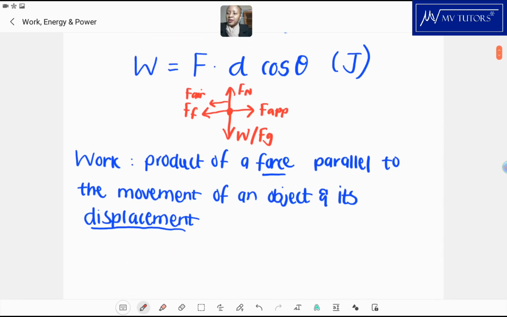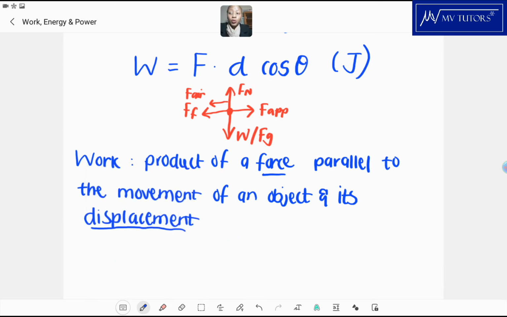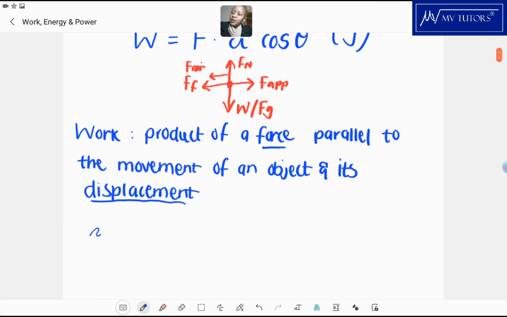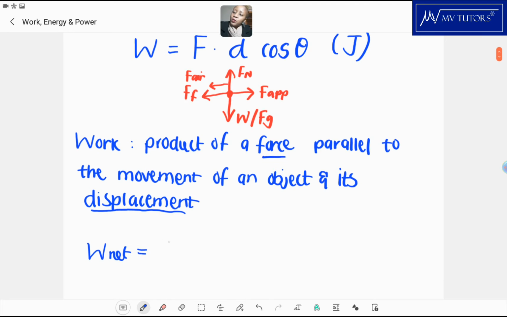And now going to the next concept, the net work that is done. Looking at your equation, the net work done would be produced by the net force acting on the object, again over the distance which the object moved, times cos theta.